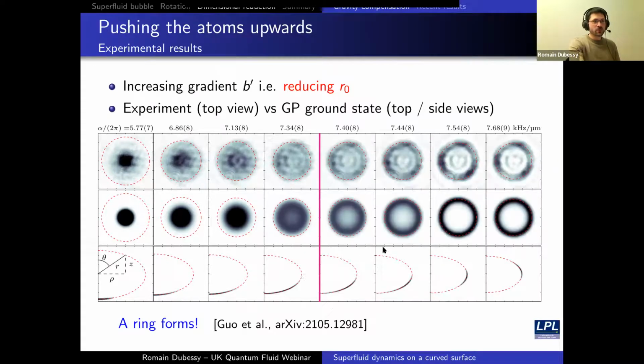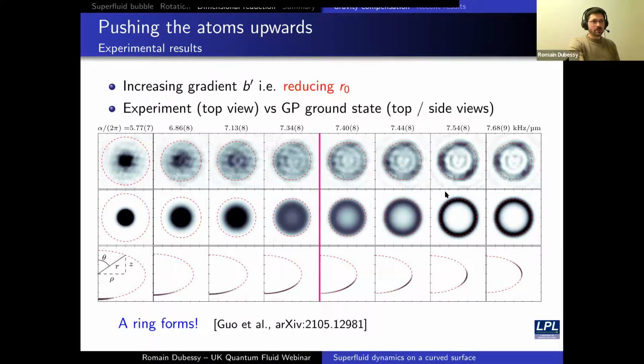But then as we continue increasing the gradient, we see that a new feature emerges. There is a ring that forms that seems quite robust. And this is surprising because even at this value of the gradient, expressed in these units, in principle we should not overcompensate gravity, so push the atoms to the top, for example, of the bubble. So that's a little bit unexpected.